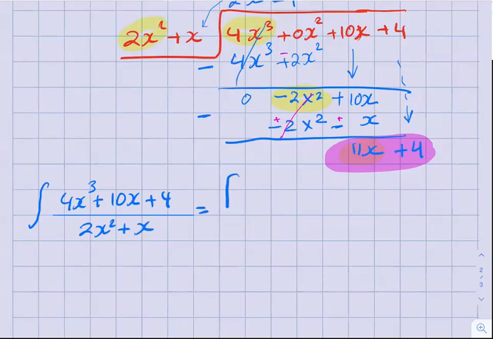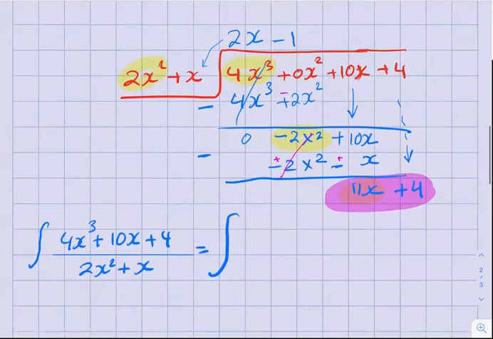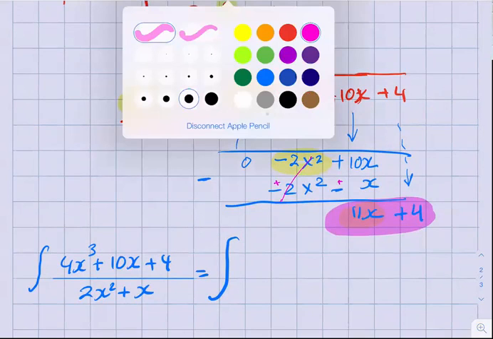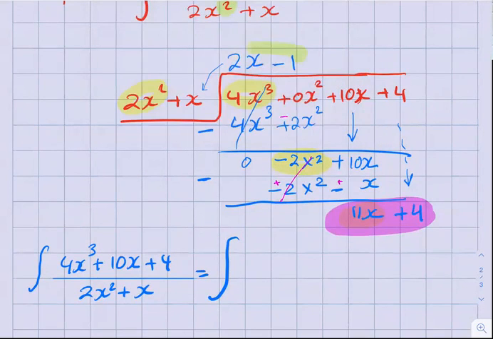equals the integration of what we got here, the answer. Which color would you like? The green. Yeah, it's the answer here.